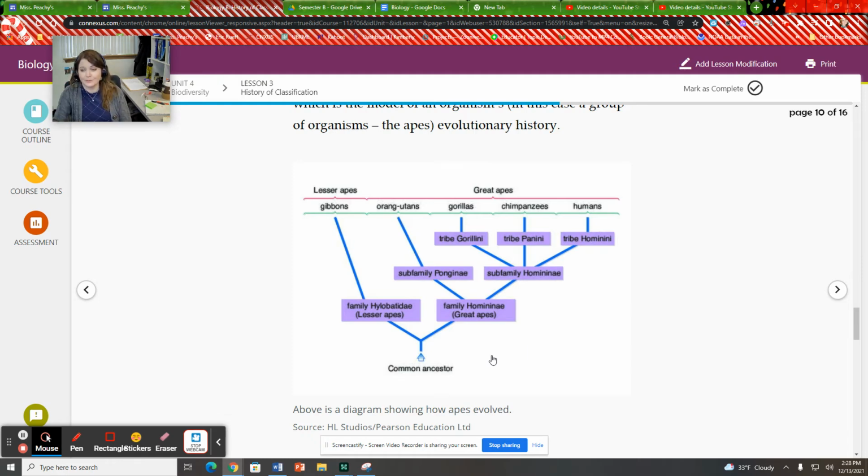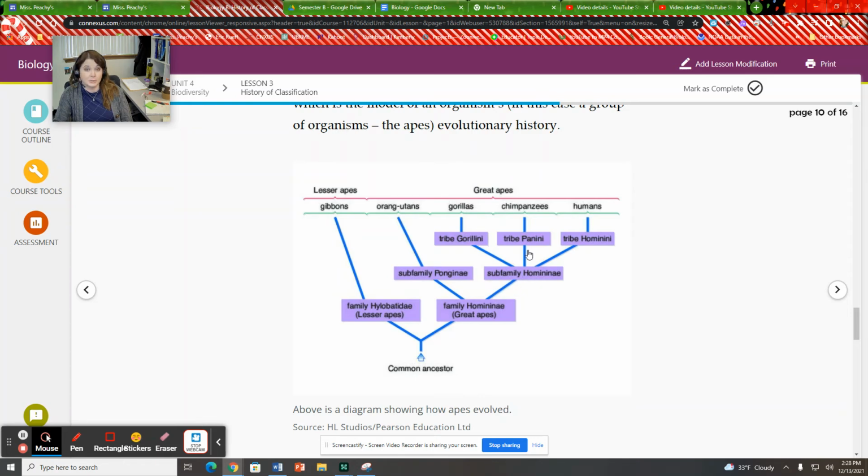The first branch point is the first time that we see two different species. Every armpit, if you will, is a shared common ancestor. So here we have the lesser apes and the great apes. And the great apes gave rise to subfamily Ponginae and subfamily Hominae.